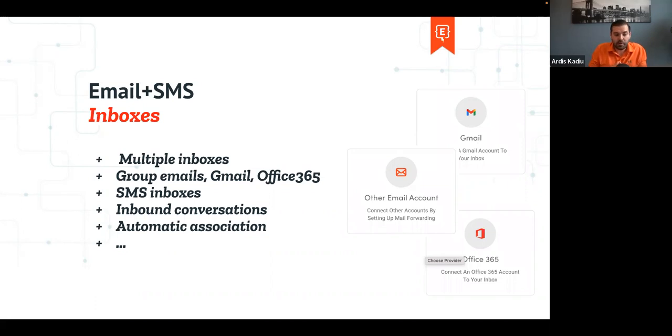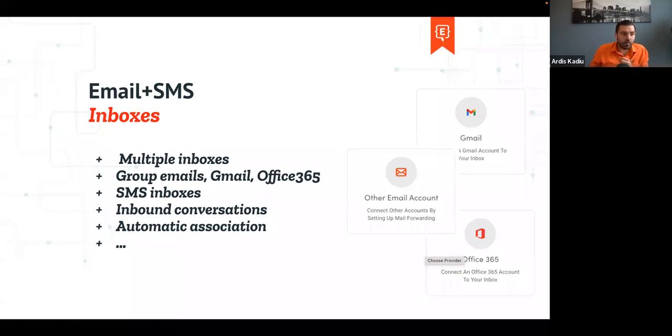Think about each inbox as an email address or a phone number, and you're going to have the ability to add multiple email addresses. So when you send communications out, it's going to come from that phone number or email, and when somebody replies back to that, it's going to come through to Element in that phone number or email as well.